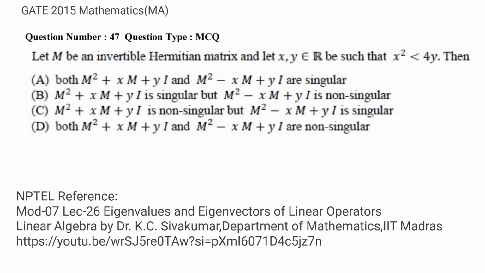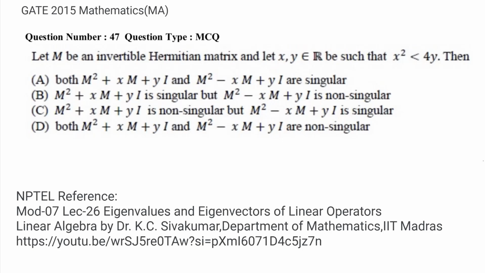Then the four options given are: option A, both M square plus xM plus yI and M square minus xM plus yI are singular. Option B, M square plus xM plus yI is singular, but M square minus xM plus yI is non-singular. Option C, M square plus xM plus yI is non-singular, but M square minus xM plus yI is singular. And option D, both M square plus xM plus yI and M square minus xM plus yI are non-singular.